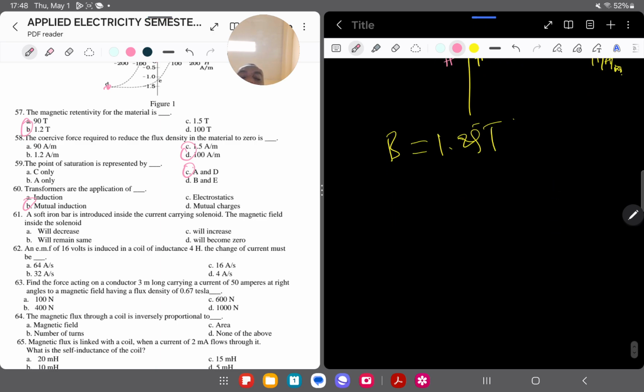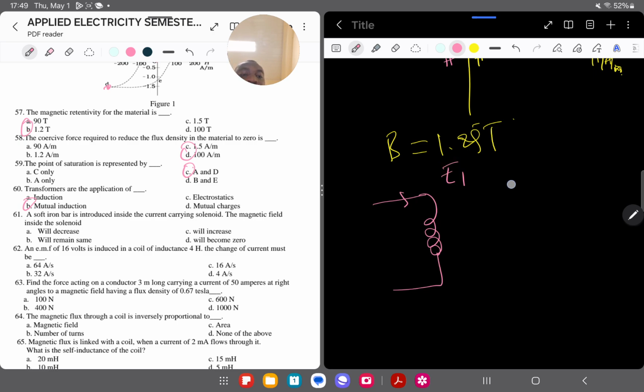So if you look at the voltage induced in a coil, right? If I have just one coil, for example, the voltage induced here is E1.